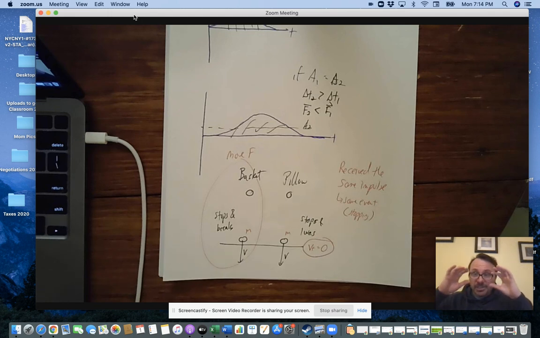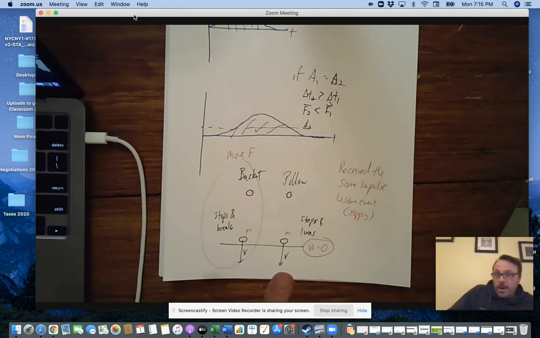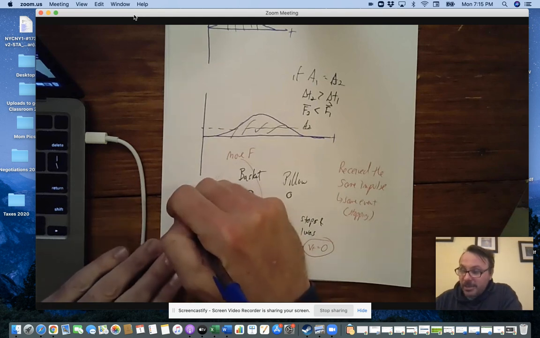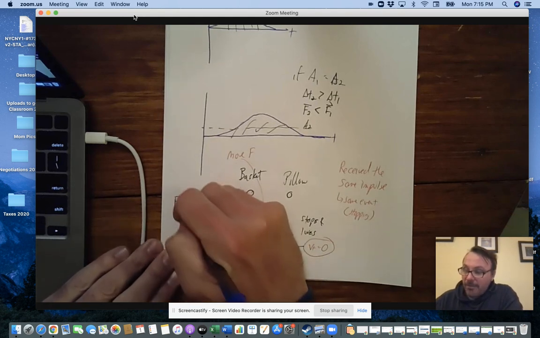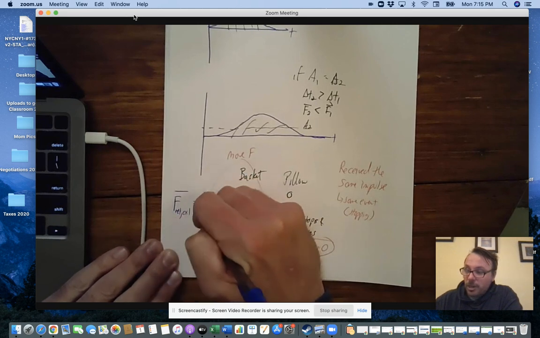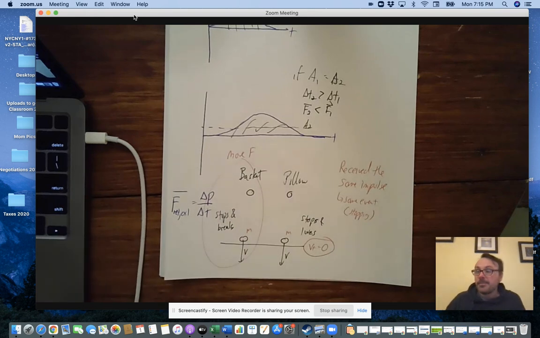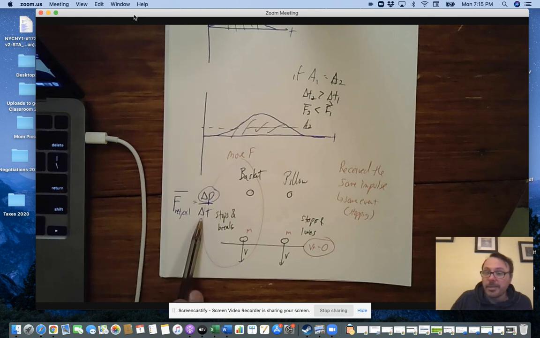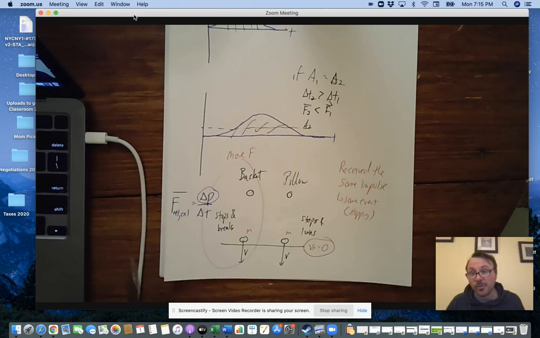The object slows down over a greater amount of time when it hits the pillow versus when it hits the waste basket. That's a very immediate change. And because of the impulse momentum theorem, the F net external average that they receive is the ratio of the delta P to the delta T. Because these two objects receive the same impulse, the one that receives that impulse over a shorter period of time must have experienced a larger force.